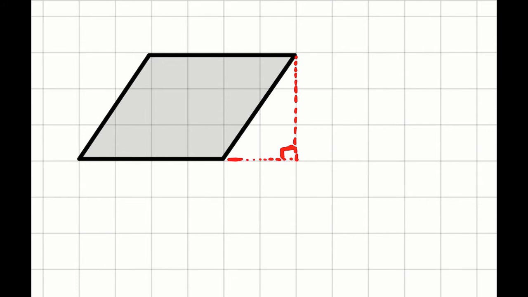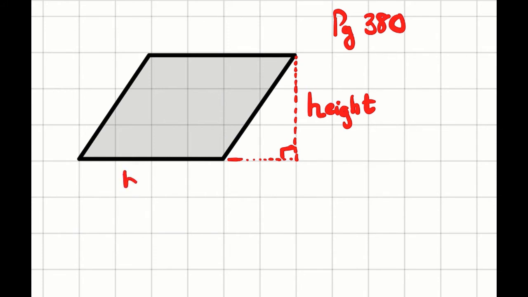You'll even see this on page 380 in your textbooks. Okay? And this dotted vertical portion is going to be called height. And they will call this bottom portion the base. Sometimes we call it the length.